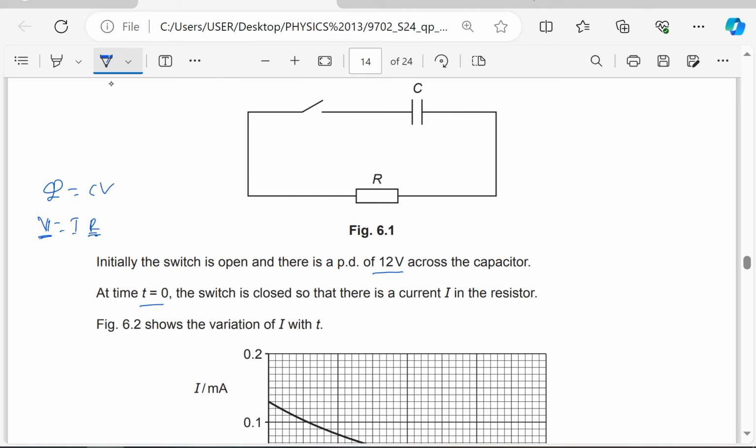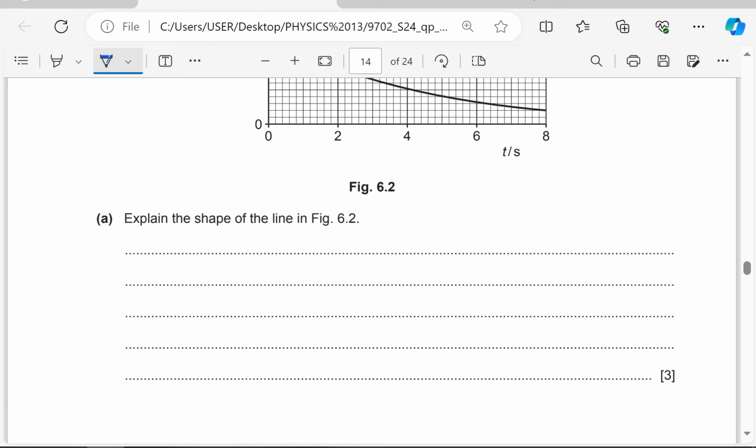Remember, the PD across the capacitor is the same as the PD across the resistor, and the PD across the capacitor is directly proportional to the charge, which decreases with time. R is constant, but V is going to decrease because the charge on the capacitor decreases, so I is going to decrease. So I'll just put this in writing.